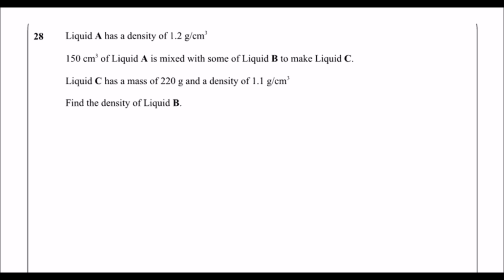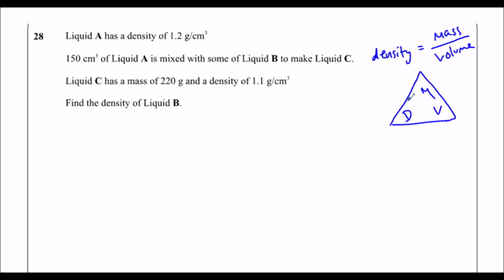Question 28. Liquid A has a density of 1.2 grams per centimeter cubed. I'm going to quickly just jot down density is equal to mass divided by volume. You might also do a triangle with this. So density, mass, and volume.